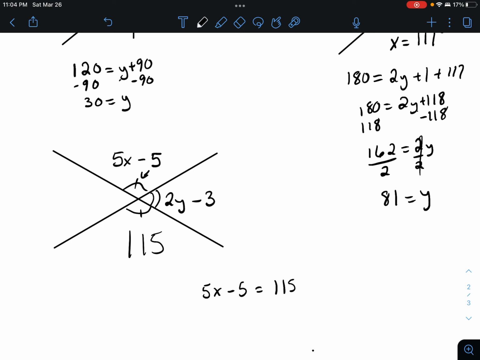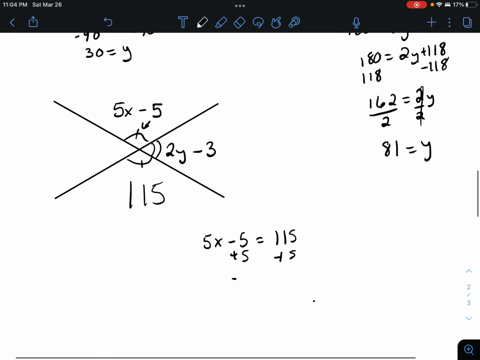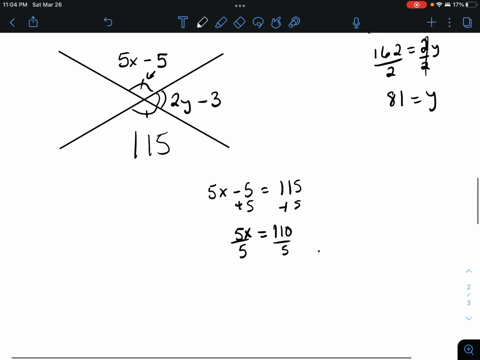We've got a two-step equation. In order to get rid of this, we have to add 5, which is just going to give us 5x is equal to 110. Last step, two-step equation is divide or multiply. In this case, we need to divide.